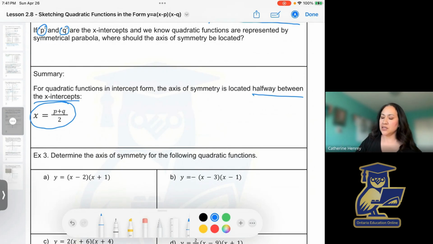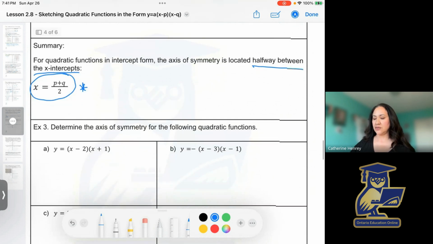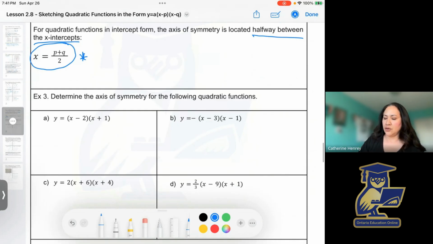And so we use this little formula to find the axis of symmetry. So let's determine the axis of symmetry here. So here, remember p and q are opposite. So x is equal to 2 plus -1 divided by 2.